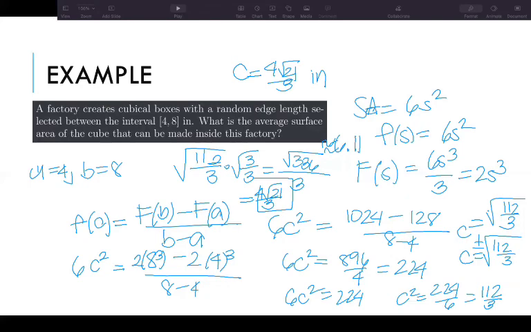We have 6c squared as the surface area. 6c squared is 6 multiplied by 4 square root of 21 over 3, squared.